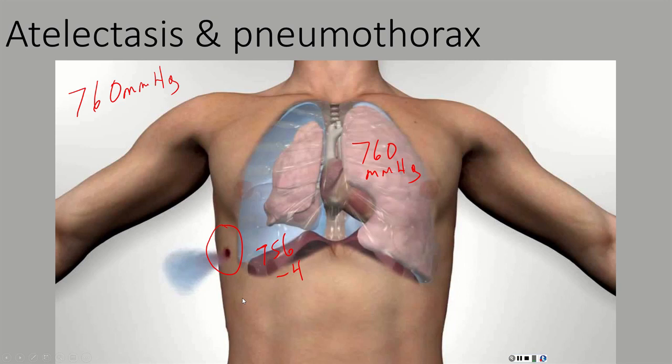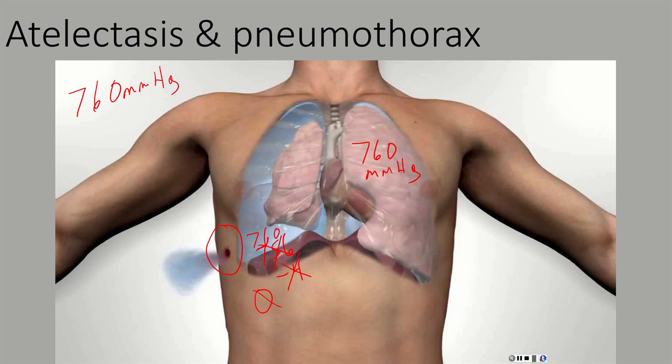But what would be the result? Well, this 756 would actually go up to 760. And the transpulmonary pressure would be what? It would be 0. Because intrapleural 760 minus intrapulmonary 760 gives us 0.